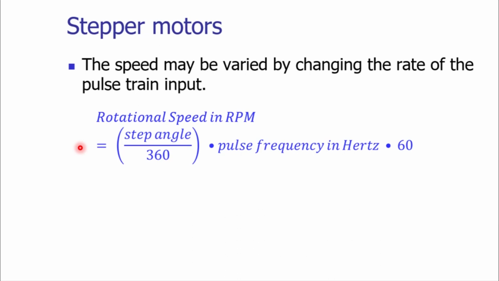That is nothing but the step angle. How much would the rotor rotate in angular direction, in degrees? So that is the step angle divided by 360. Pulse frequency in hertz: how many pulses are being applied per second, that information we need.